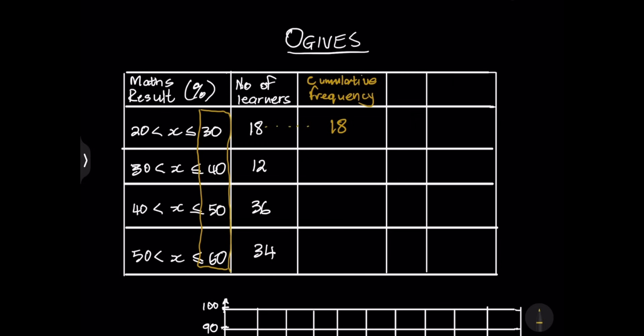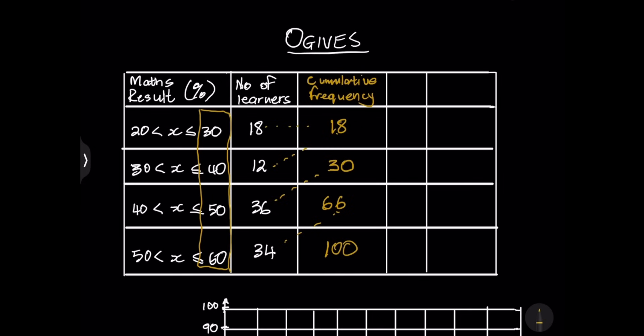For the second value, you say this 18 plus the 12 would give me 30. For the next value, you say 30 plus the 36 would give me 66. And for the last value, 66 plus 34 will actually give us 100.